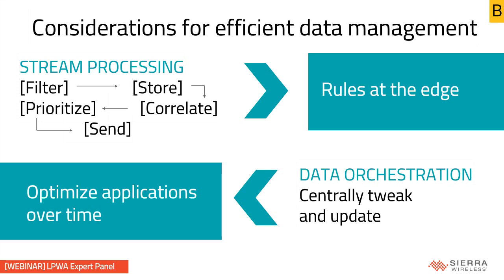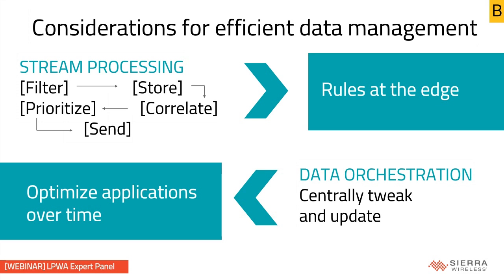So in a given application, we may start with a bunch of assumptions, but those are going to change over time with new deployments, new regions, new customer demands, etc. So we really want to think about having a way to dynamically update these rules without having to do a massive over-the-air firmware push to our edge devices. We want to be able to tweak these in a low bandwidth, low impact way. And this is what we call data orchestration, the central tweaking and updating of stream processing rules.